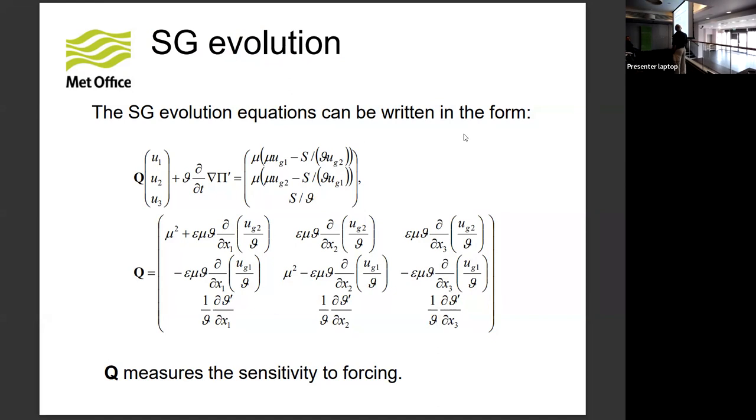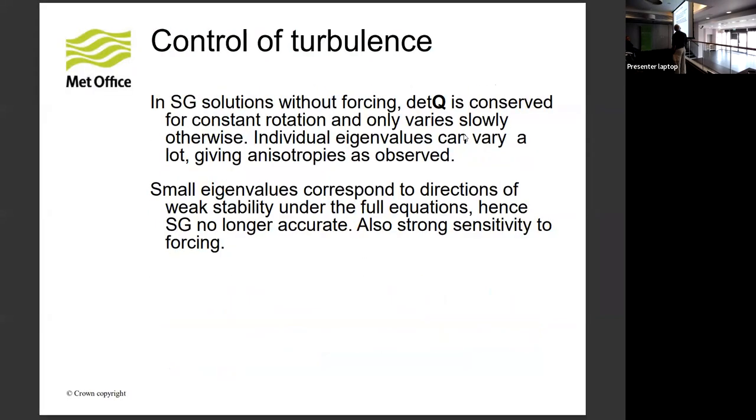The diagnostic piece. So if you have no forcing, the determinant of that matrix is conserved with constant rotation, and varies only very slowly with variable rotation. The individual eigenvalues can vary a lot, but the determinant, just the product of them, gives you the observed anisotropic behavior, which you really want to exploit in diagnostics.